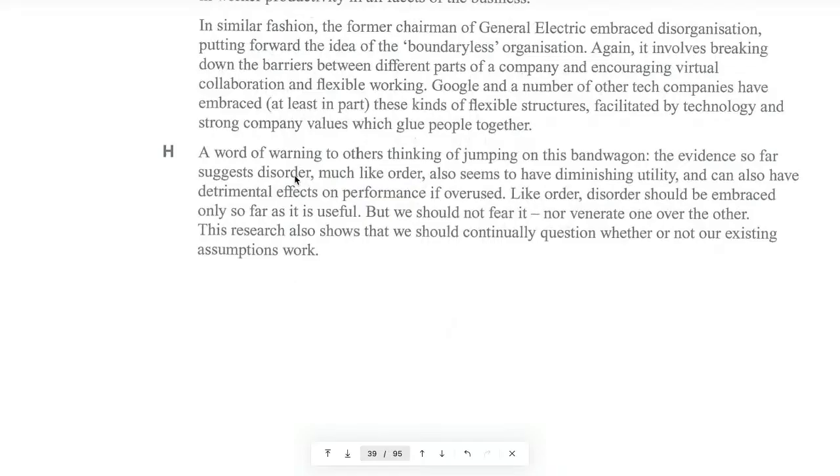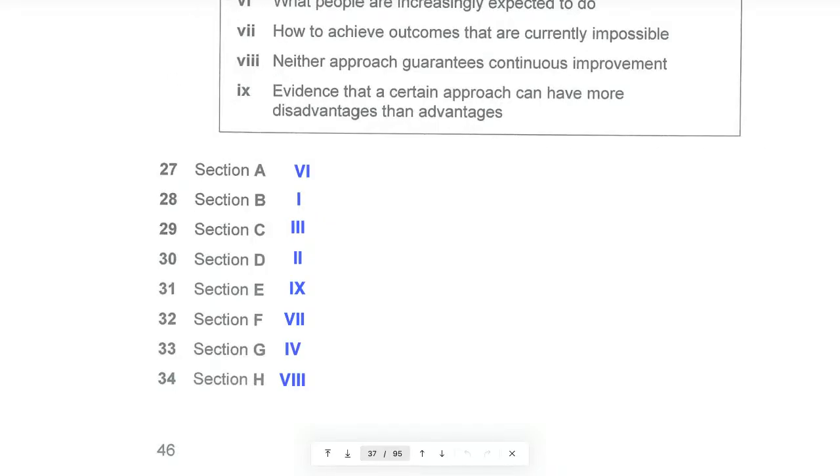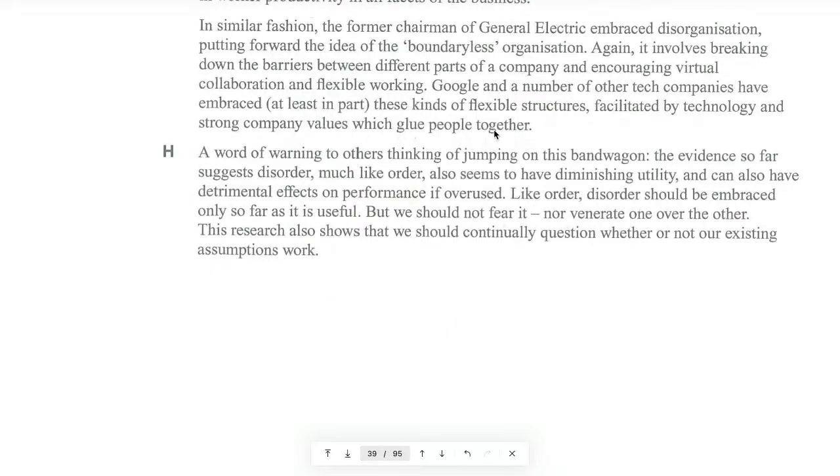Disorder, that is the first one. That is the first approach. What's the second one? Order, of course. Yeah? So disorder, that is the first approach, and order, that is the second one. And they say neither approach, I mean none of them, guarantees continuous improvement.